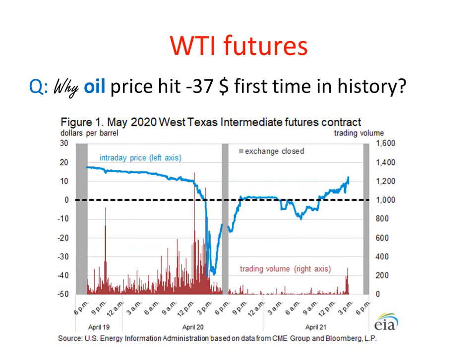This figure shows the May 2020 West Texas Intermediate futures contract. It hit about minus 37, the first time in history.